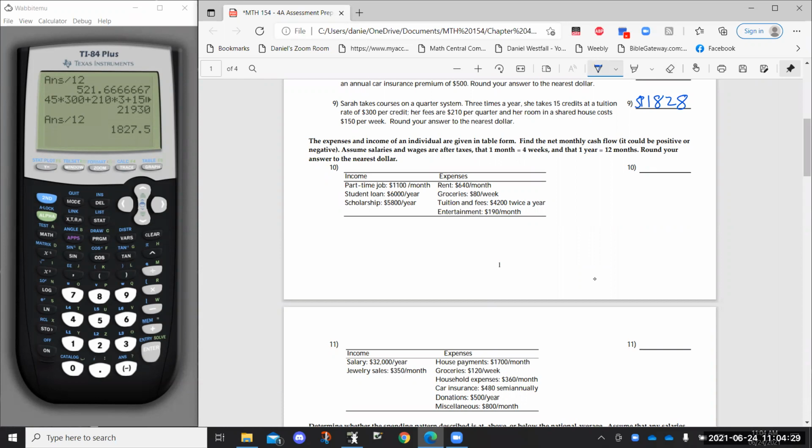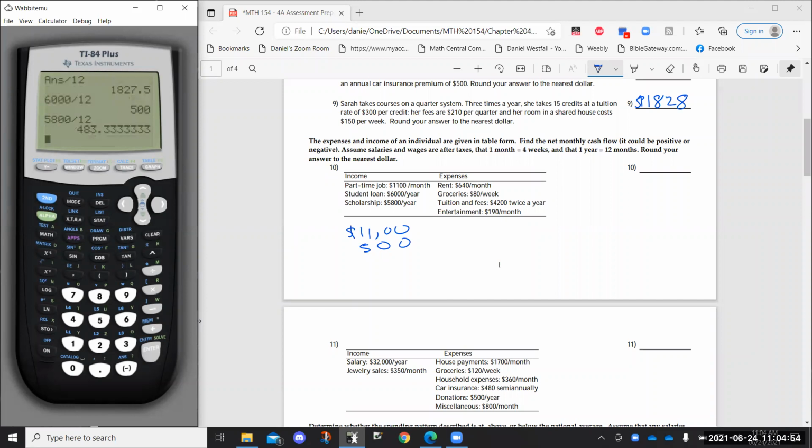So we'll leave that 1,100 alone. So we've got 1,100, and we're going to take that 6,000. We're going to divide it by 12. And we're going to say that that's 500. And then we're going to take that 5,800. We're going to divide that by 12.